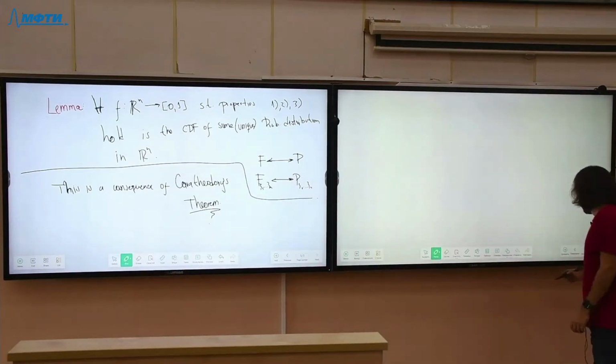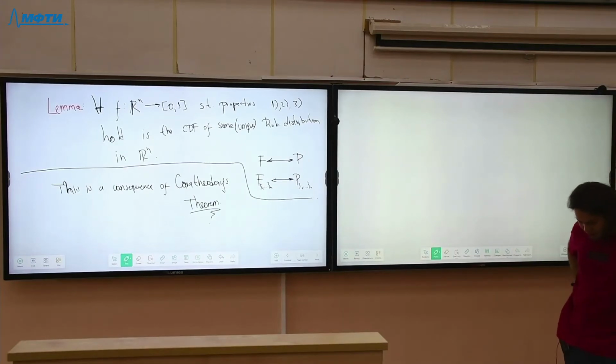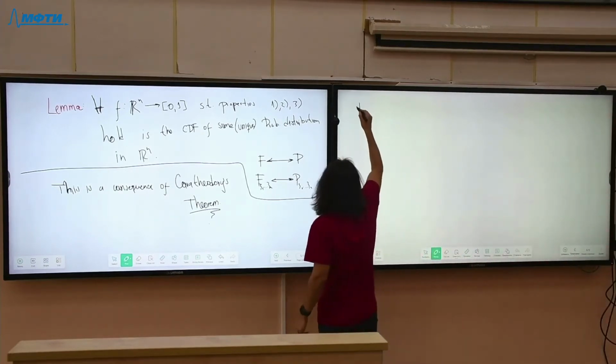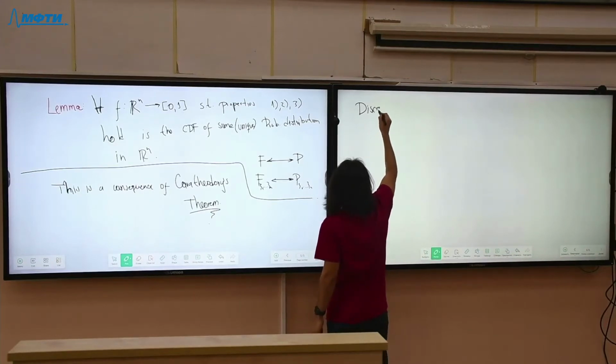Okay, so we have that. We already know this function in the n-dimensional case. Now we can talk about how to express it, right? So we have two cases, the discrete case and the absolutely continuous case.